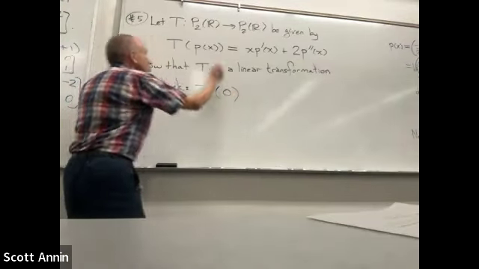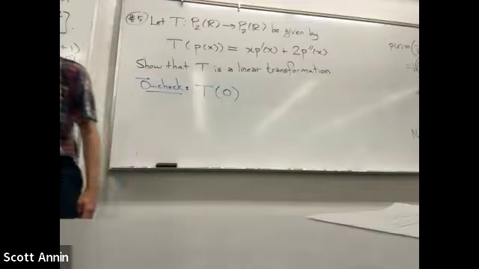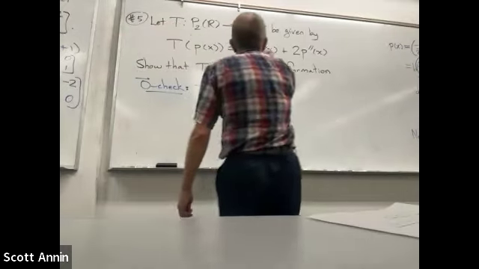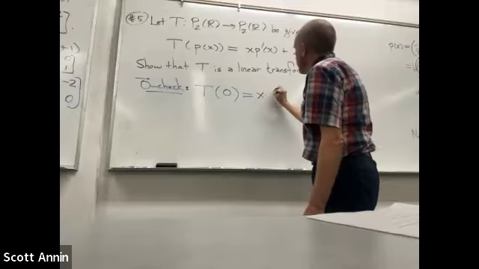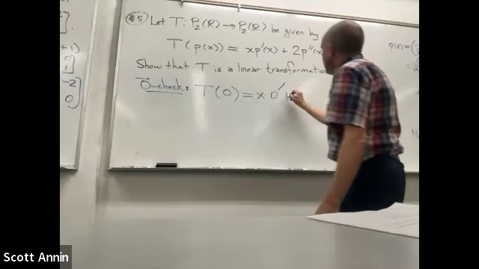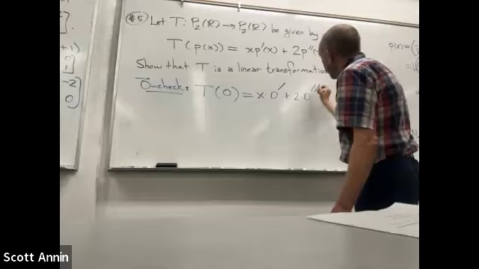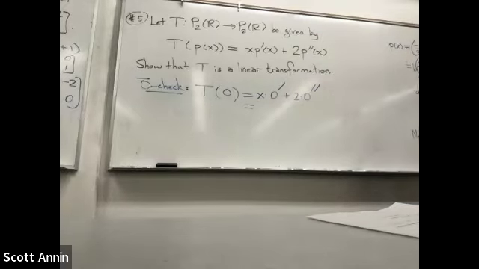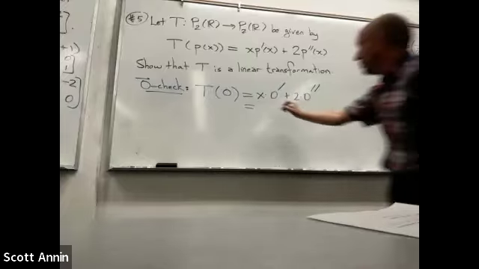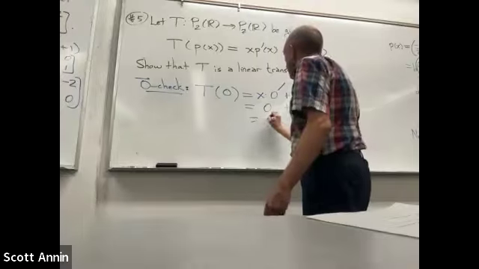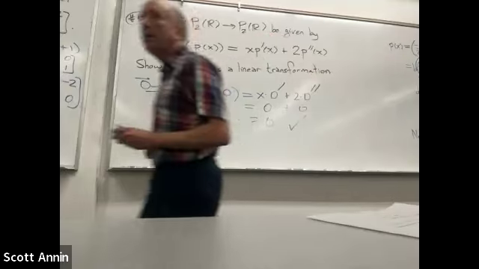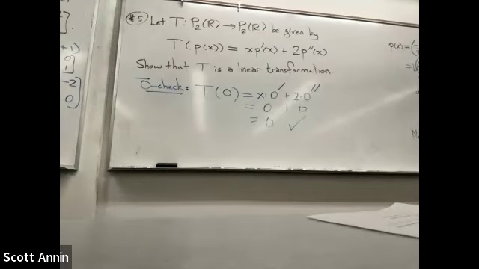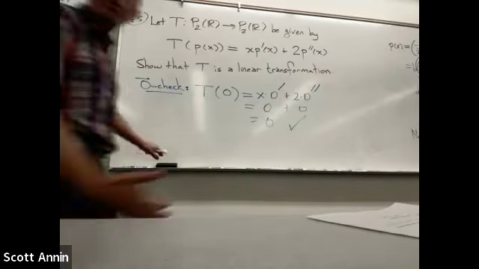If I plug in 0 for my polynomial, then I take x times the derivative of 0 plus 2 times the second derivative of 0. What are the derivatives of 0 going to be? Just 0, right? It's all just 0. This is 0 plus 0. So that checks out. This time it's totally checking out. So it does pass the zero vector check.